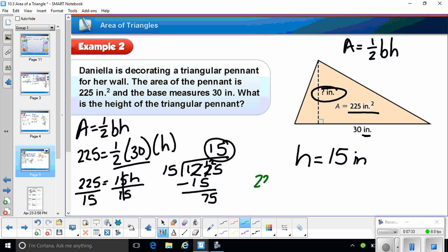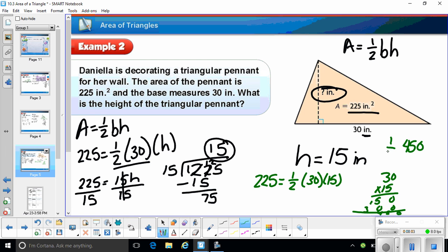So 225 equals 1/2 times 30 times 15. 30 times 15 equals 450 times 1/2. Well, what is half of 450? 225. And so that's how I know that my answer is correct.